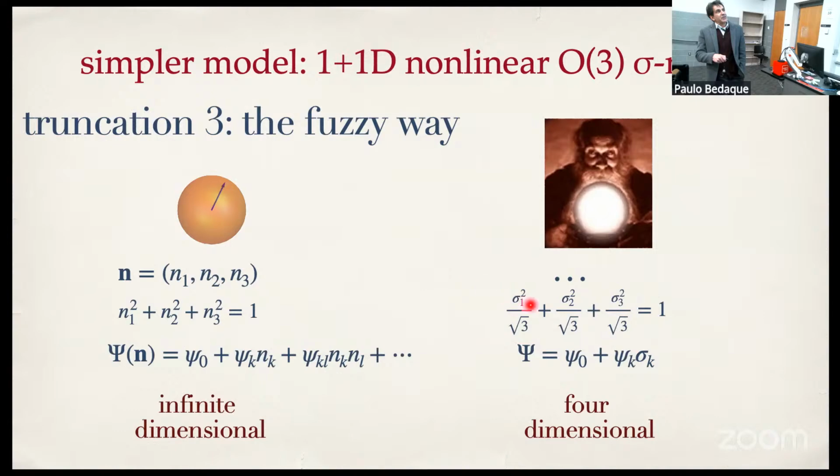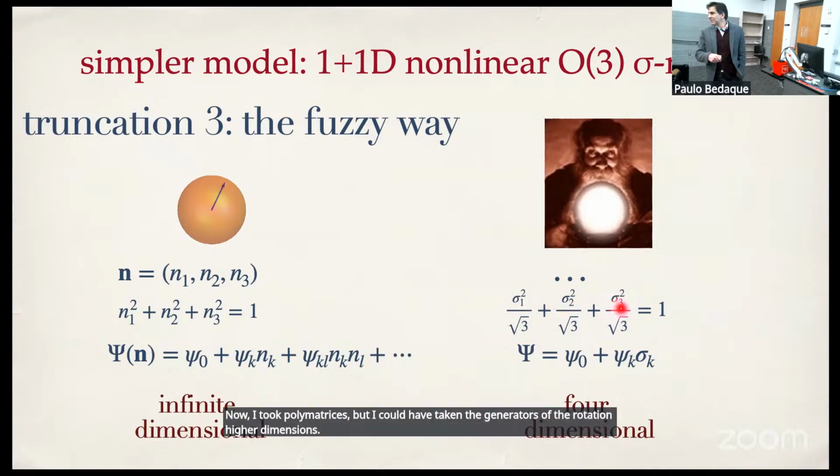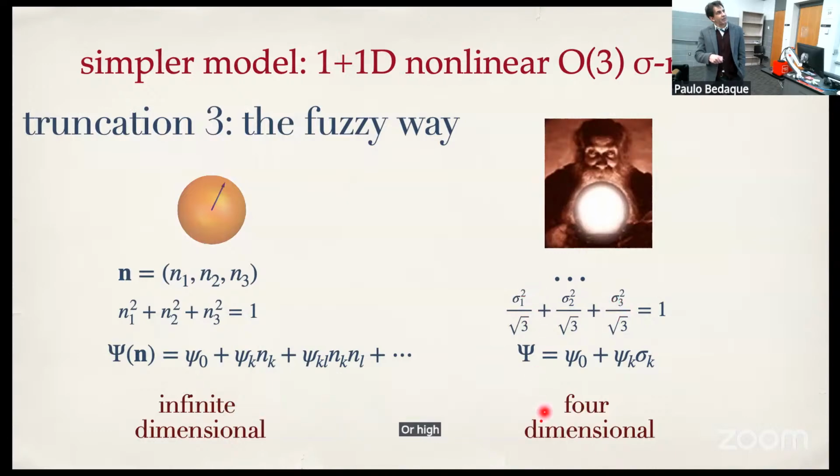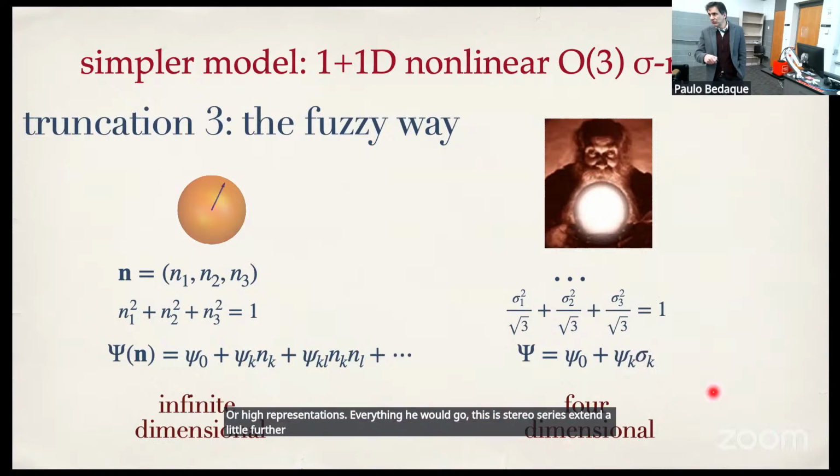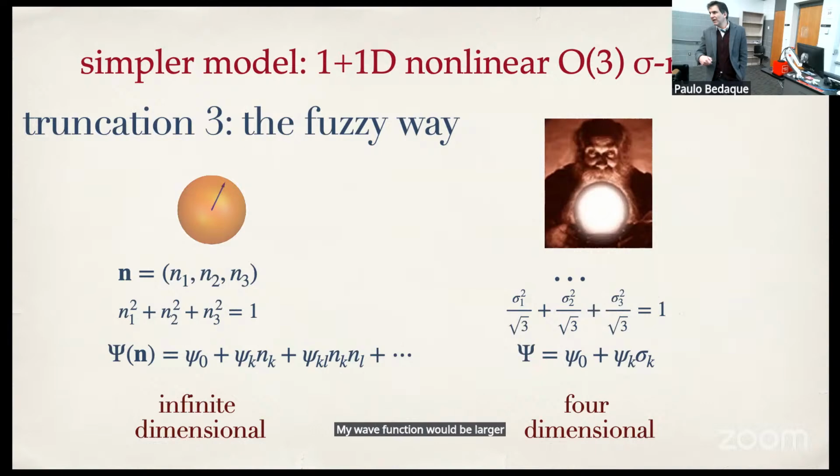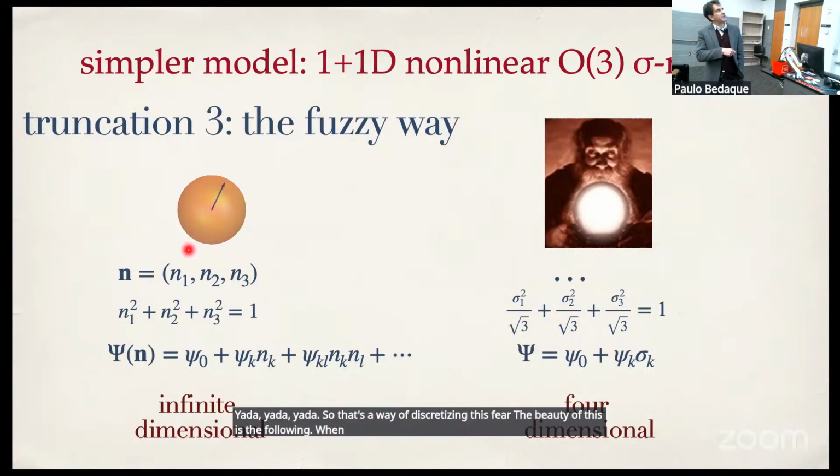Now I took Pauli matrices, but I could have taken the generators of the rotation in higher dimensions or higher representations. This series would extend a little further, but it would still be finite. My wave function would be larger, but it would still be a finite matrix, and so on. So that's a way of discretizing the sphere. The beauty of this is the following. When I discretize the sphere, putting some points here, I get some platonic solid that's not spherical.